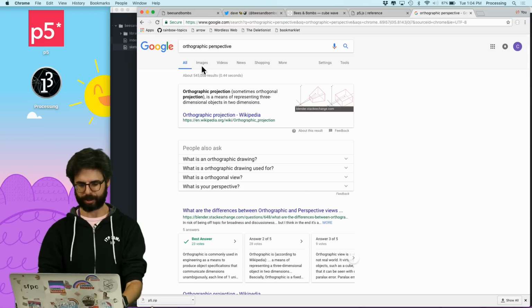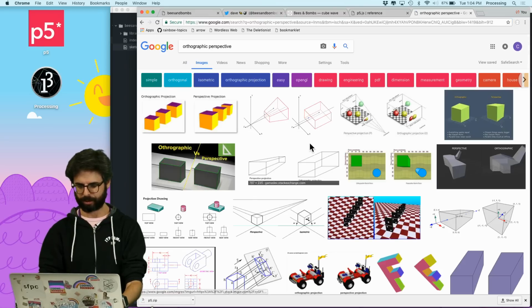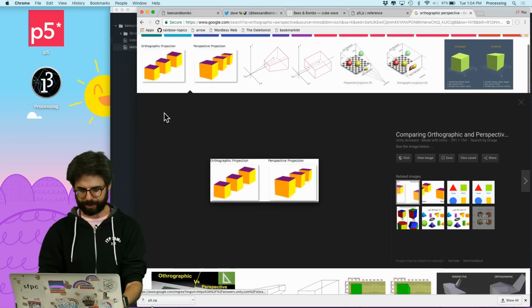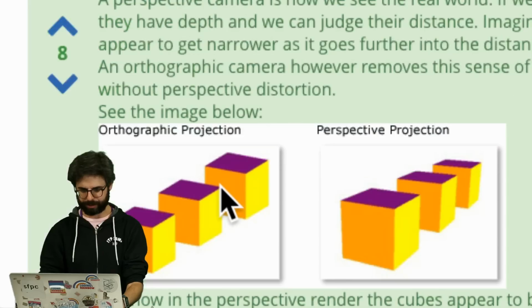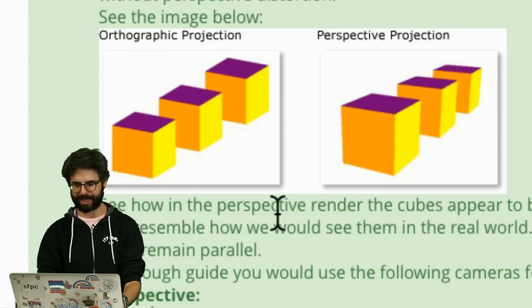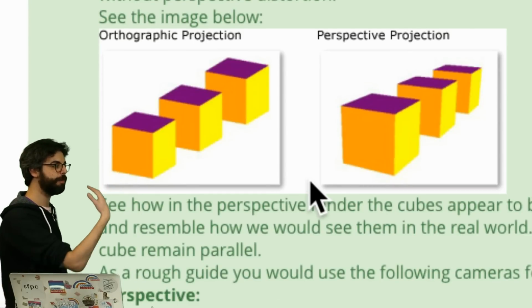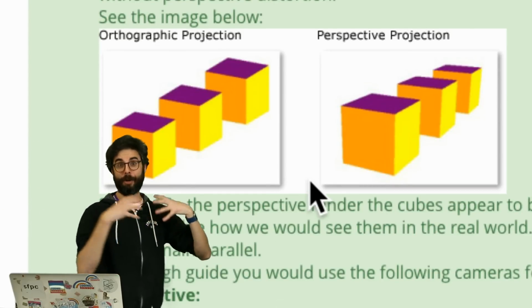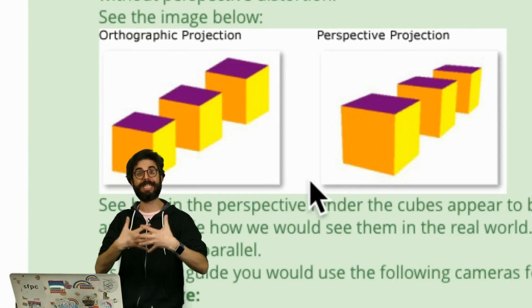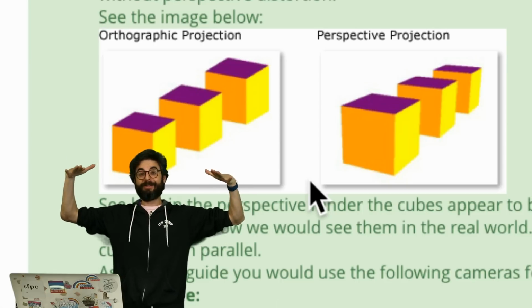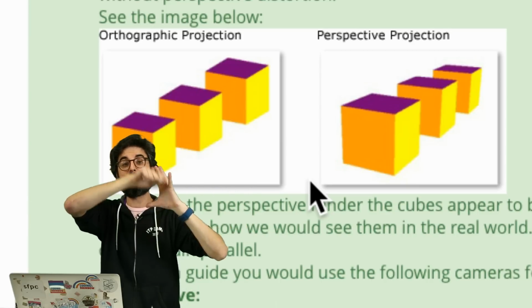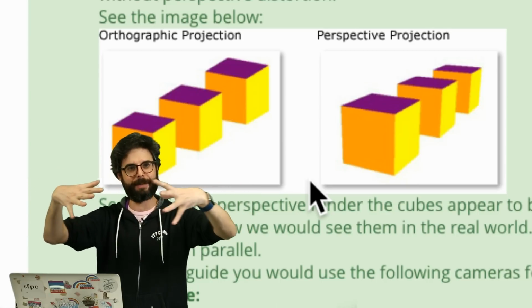Let me do an image search. So this is perfect. This is a really nice image to demonstrate the difference. Perspective projection has this realistic view of distance, like if you were trying to learn to draw in perspective, how the lines come together to a point.